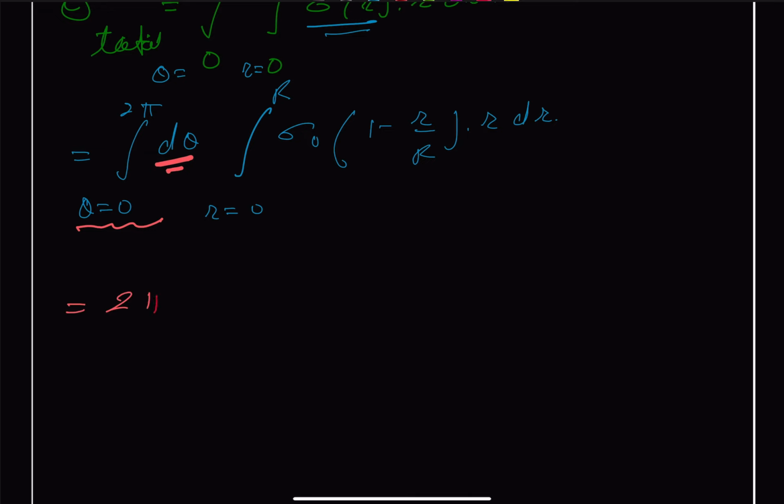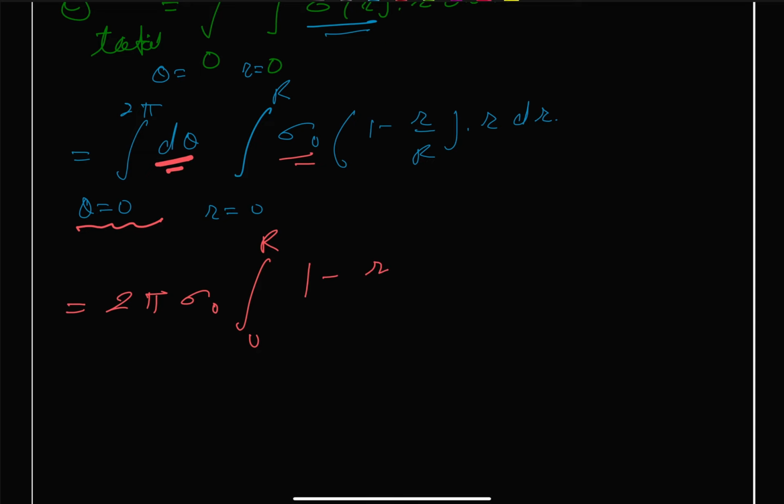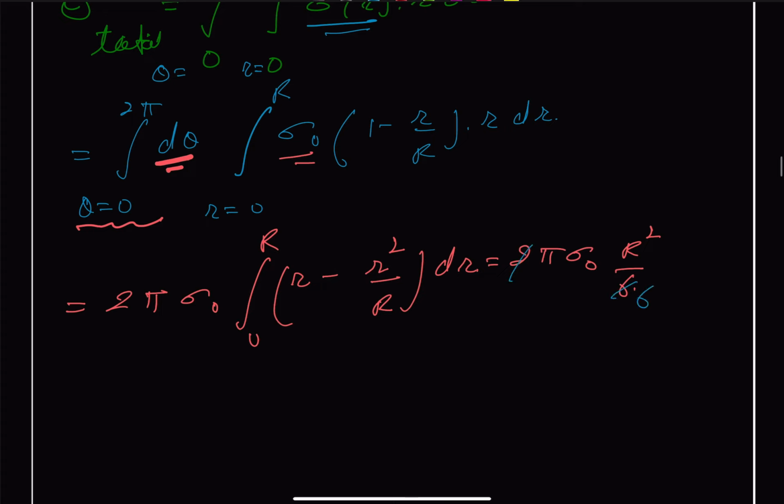From the inner integral, sigma naught is a constant, and we have 0 to R of (r minus r square upon capital R) dr. If we integrate it, we are going to get 2 pi sigma naught, and we have R square by 6, and this 6 goes by 3.